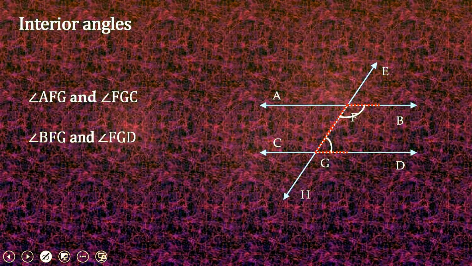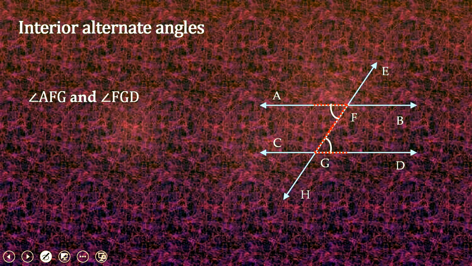Pair of interior angles in the given figure are, children, angle AFG and angle CGF are interior angles. Angle BFG and angle DGF are also a pair of interior angles.